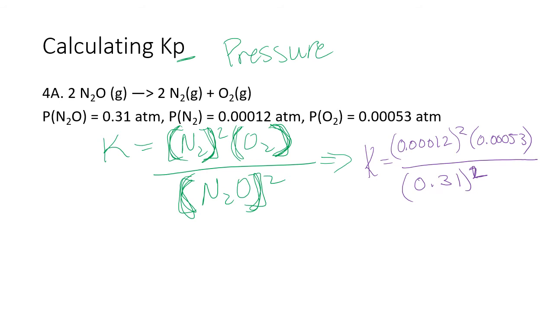When I plug that into my calculator, I end up with K equal to 7.94 times 10 to the negative 11th.